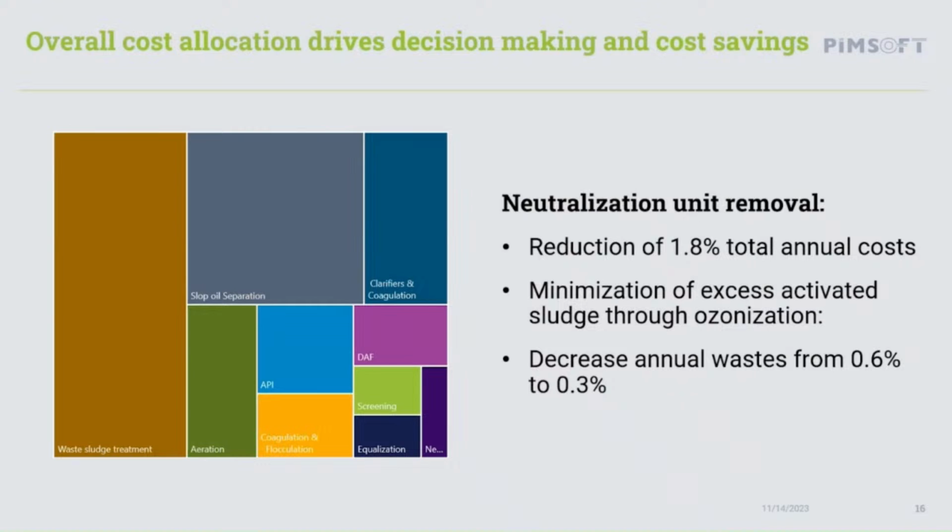Additionally, thanks to process optimization after analyzing MFCA results, further achievements were reached, including minimization of excess activated sludge through ozonization and a decrease in annual waste from 0.6% to 0.3%.